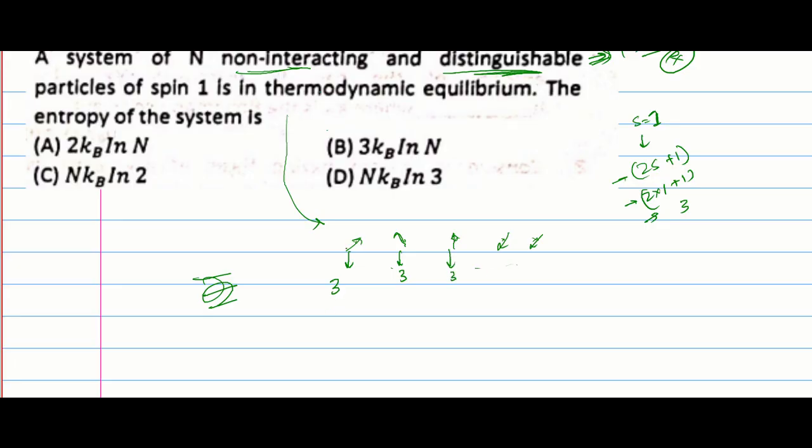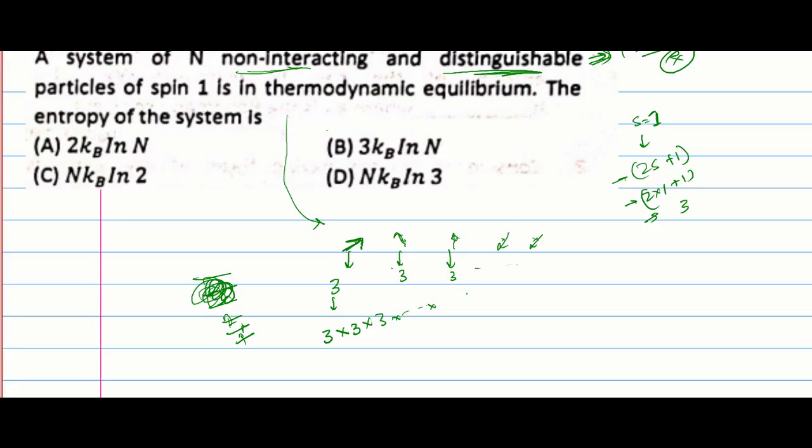So this spin can be arranged in how many ways? Three ways, because there are three energy levels and one spin. So there are basically three possible states it can have, right? So three ways. For this one also three ways, so multiplied by 3, and for this one also 3. This will keep on continuing for all the particles.